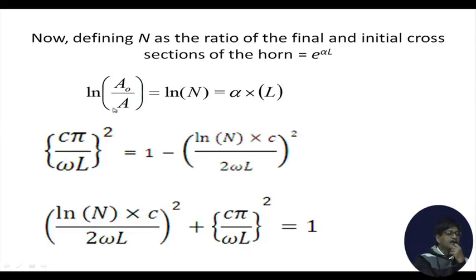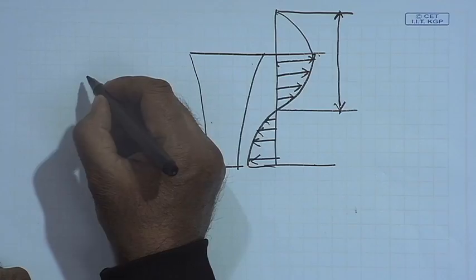Now we bring in another variable. What's that variable? That variable simply is n. And what is n? n is the ratio of the initial and final cross sections of the horn, and it's equal to e to the power alpha L. Let's quickly do that calculation here.